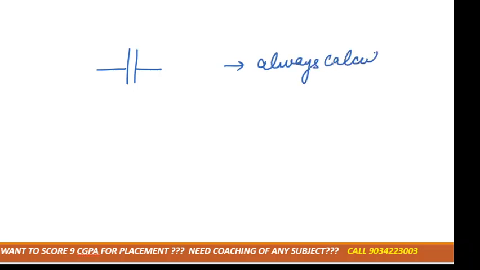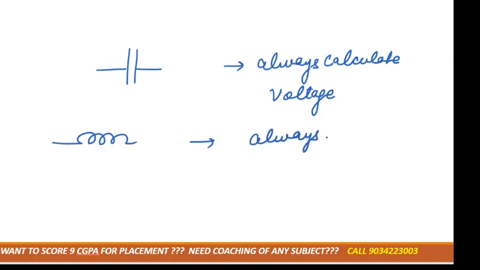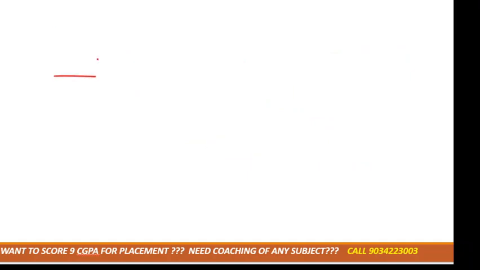Always calculate voltage. Okay, for inductor, always calculate current. Like in this question, they ask you the current across the capacitor I of t, right? But we calculate Vc of t, right?